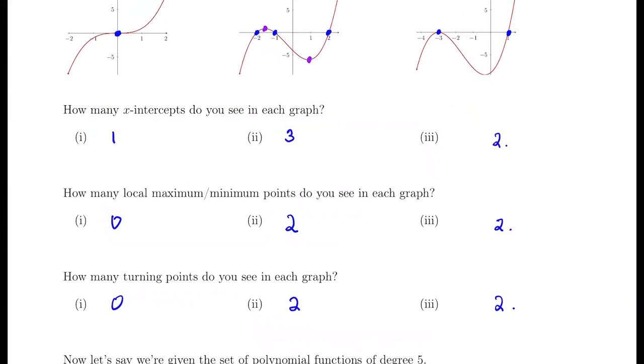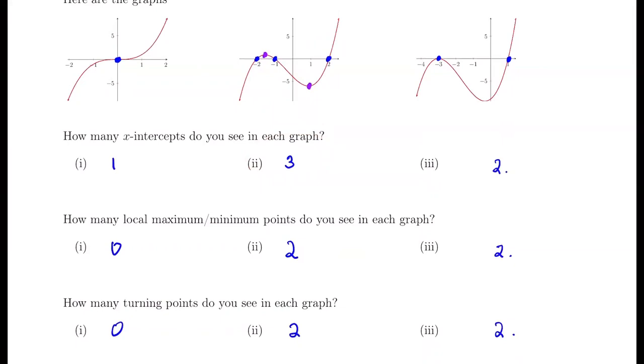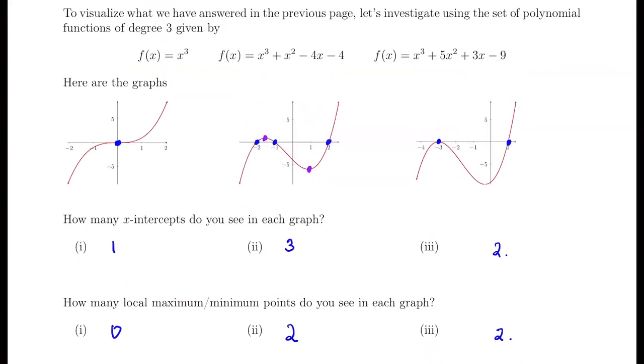So based on the 3 graphs that we have just observed, we can have at least one x-intercept, and a maximum of 3 x-intercepts. We're not allowed to have 4 x-intercepts in this case, because the degree of the polynomial function gives you the maximum number of x-intercepts that you may have.